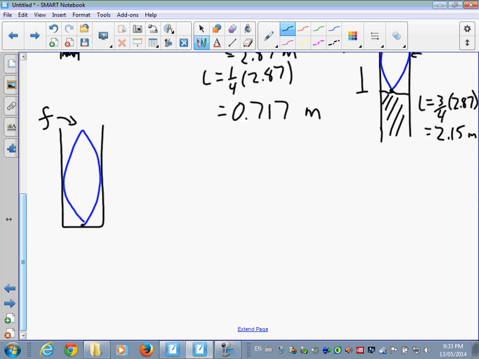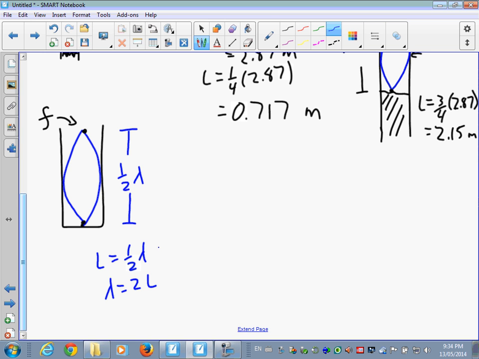Maybe we put a tuning fork at the top here, and so at a particular length, you're only going to get one frequency. So the wavelength is set at a particular length of water. You get a node at the bottom. You would also get a node at the top. When we get an antinode at the top, we hear the sound loud. When we get a node at the top, we hear the sound very quietly. So where would you hear the sound quietly? Notice that this is half a wavelength. So L is equal to half lambda, so lambda is equal to 2L.